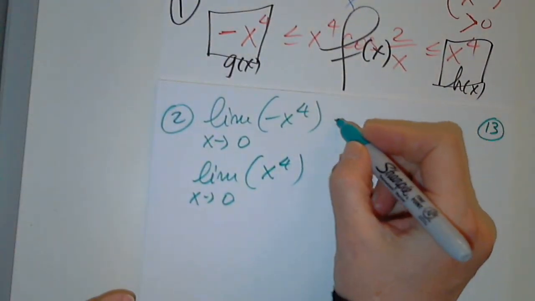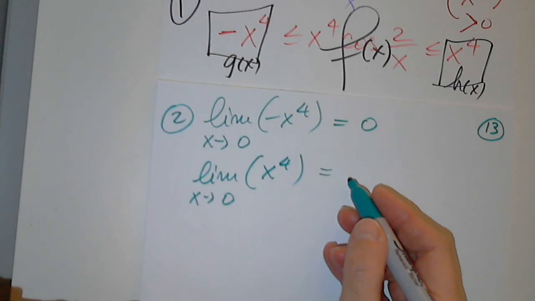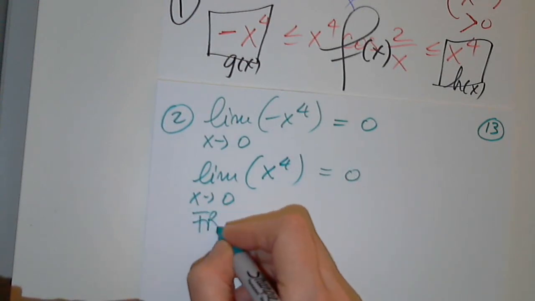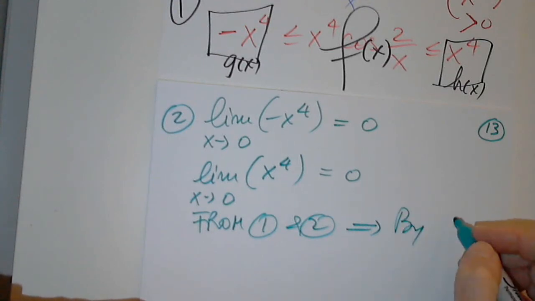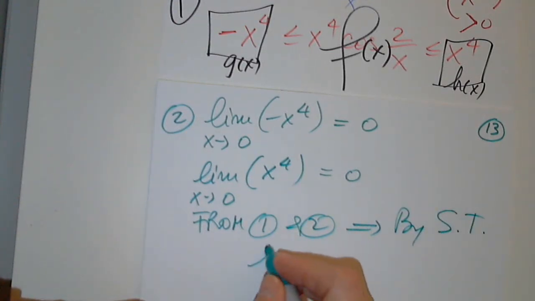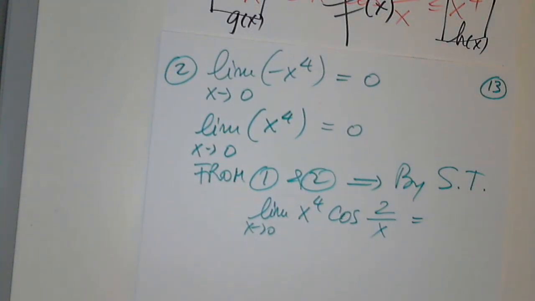So what do we have? 0. Good. From 1 and 2, we conclude by the squeeze theorem that the limit of x to the fourth cosine 2 over x as x approaches 0 from either side has to be 0.